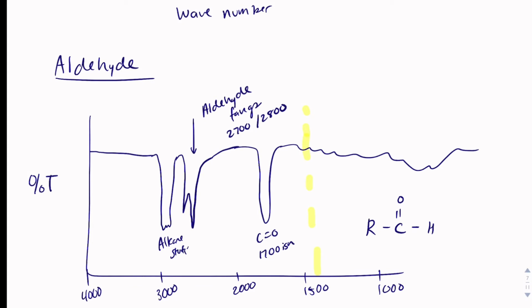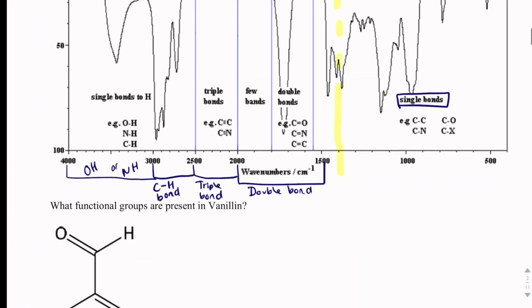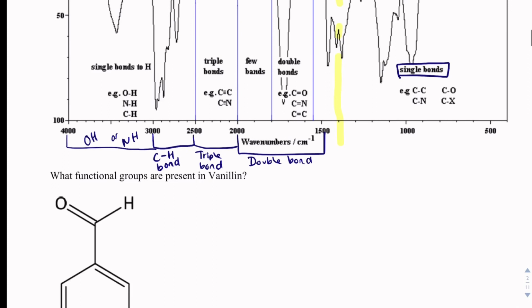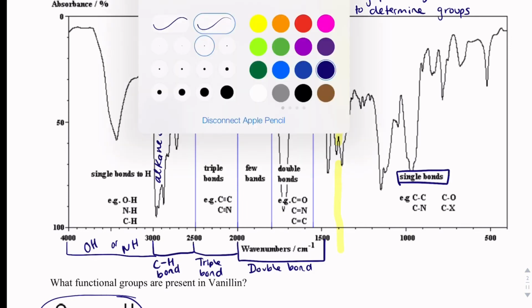They're very distinguishable. Here's the issue, though. I'm going to scroll back up to vanillin, which was on a page up here. We've got an aldehyde. This is a C. We've got an aldehyde. Notice that on this page, we've got alkane stuff. And I'm going to draw in red.